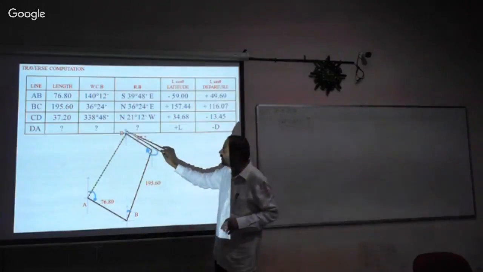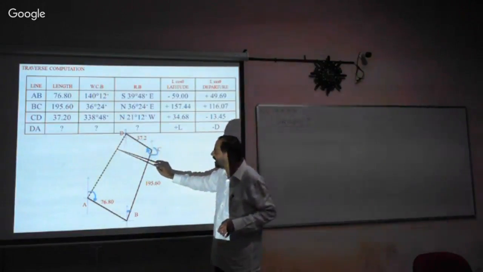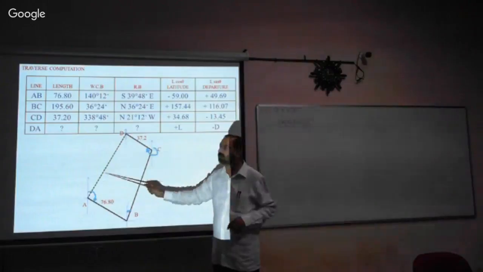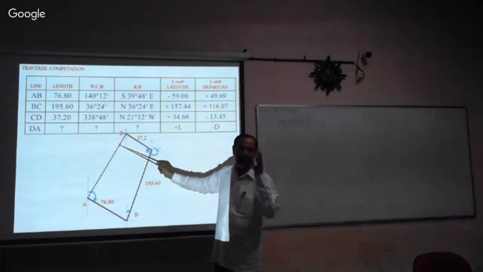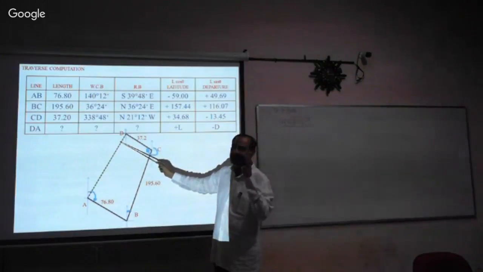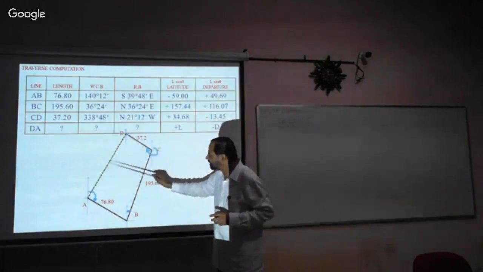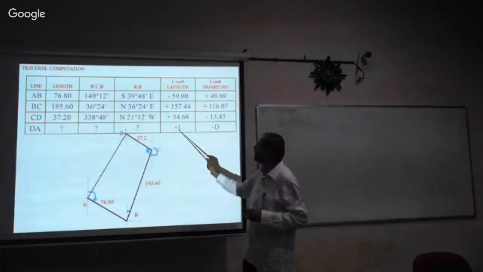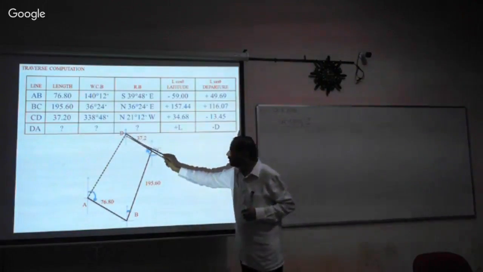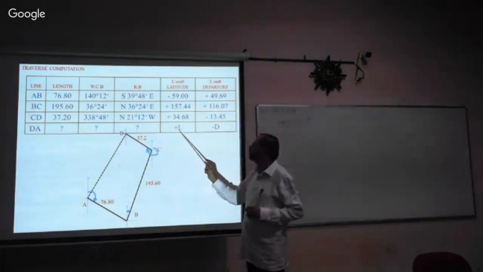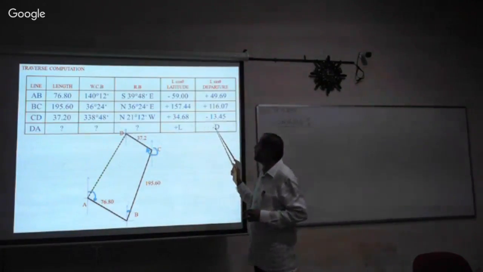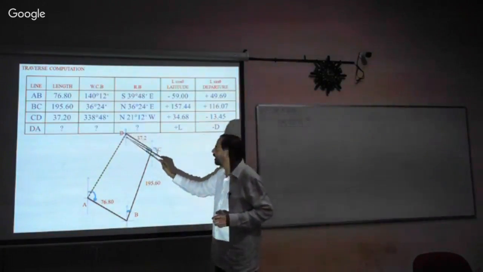The survey line is assumed to be lying in the fourth quadrant. The latitude of DA is positive, and departure of DA is negative.